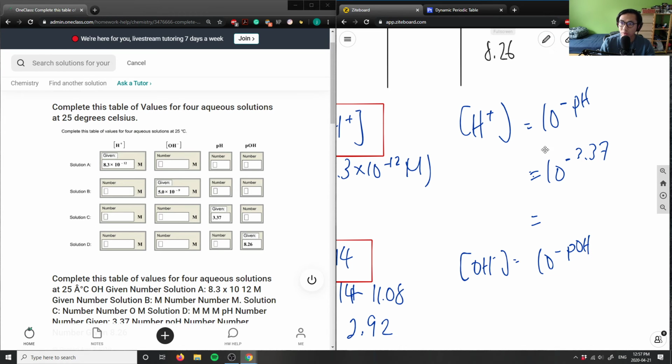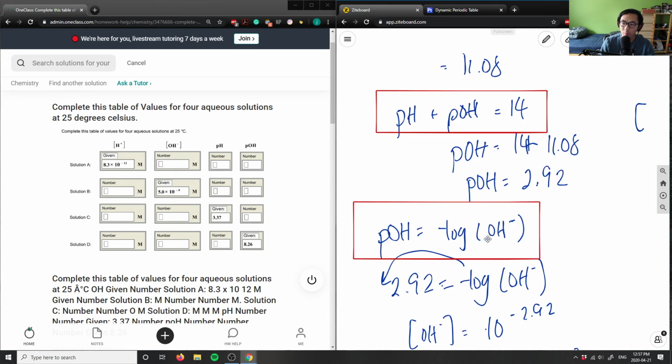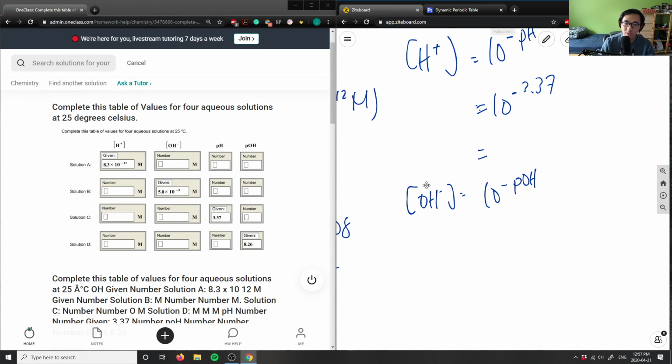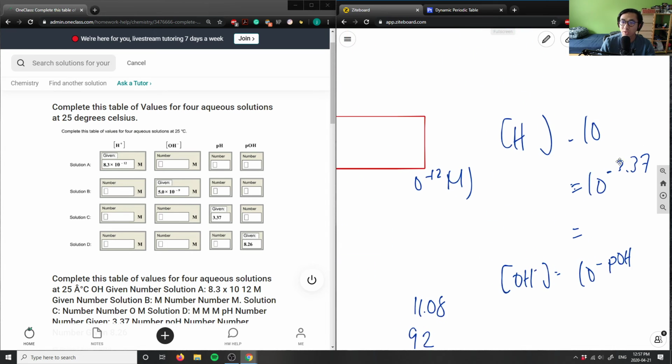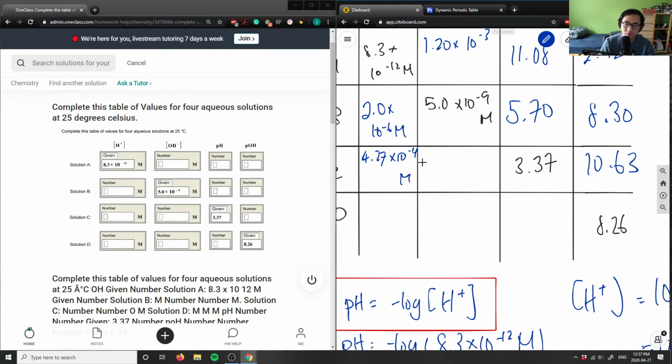This is simply a rearranged form of this formula here. So the pOH here was 10.63, so 10 to the power of negative 10.63 would give me the concentration of my hydroxide ion. If I do that on my calculator, I would get 2.34 times 10 to the negative 11 molars.